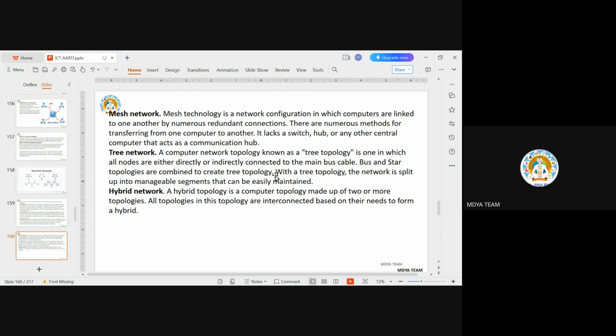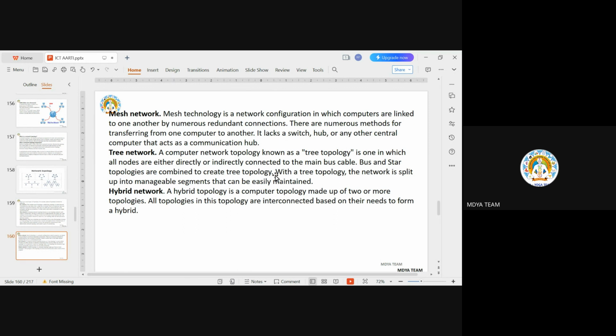There is no need for hubs or switches because every computer is connected with each other. But there is one server through which the internet is coming. So there is one server, but all are connected with each other.